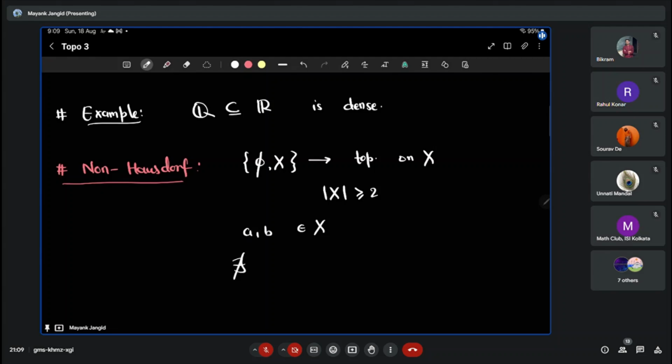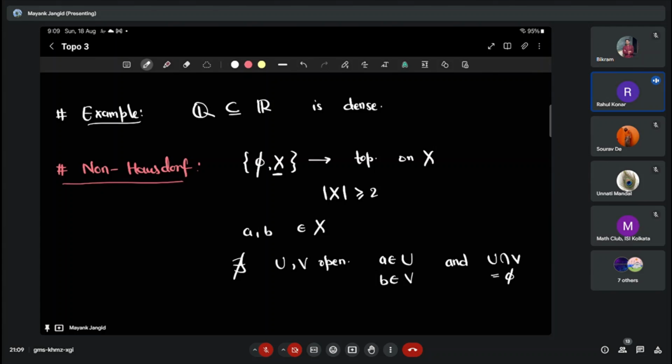Like there does not exist any U, V open such that a is in U, b is in V, and these are disjoint, because the only open sets that we have are the empty set and the full set. So this is an example of a non-Hausdorff space. So is it okay? Yeah, thank you.